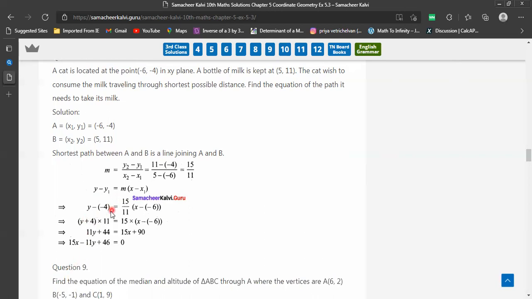So it's y minus of -4 equals 15 by 11 times x minus of -6. So it's y plus 4. You take this 11 to the other side, it will become multiplication: 11 into y plus 4 equals 15 into x plus 6. Take the 15 inside and do the multiplication. It will turn into 15x plus 15 into 6, which is 90. Can you follow this, Manasi? Yeah. Okay.